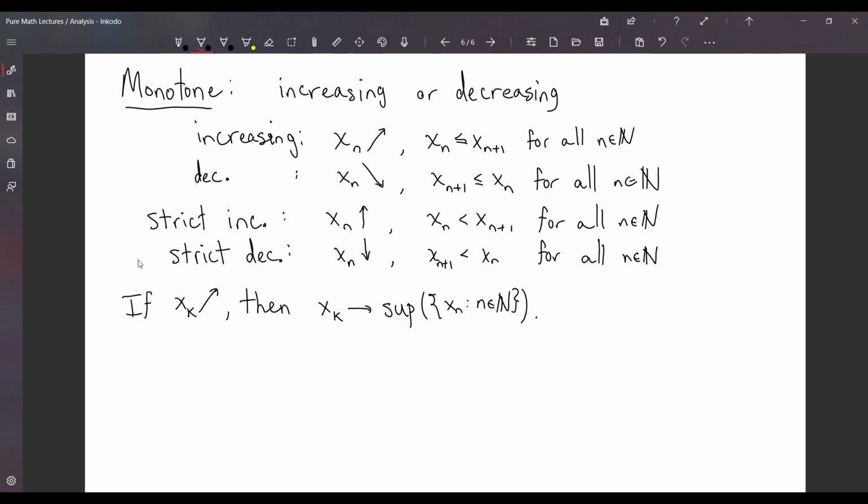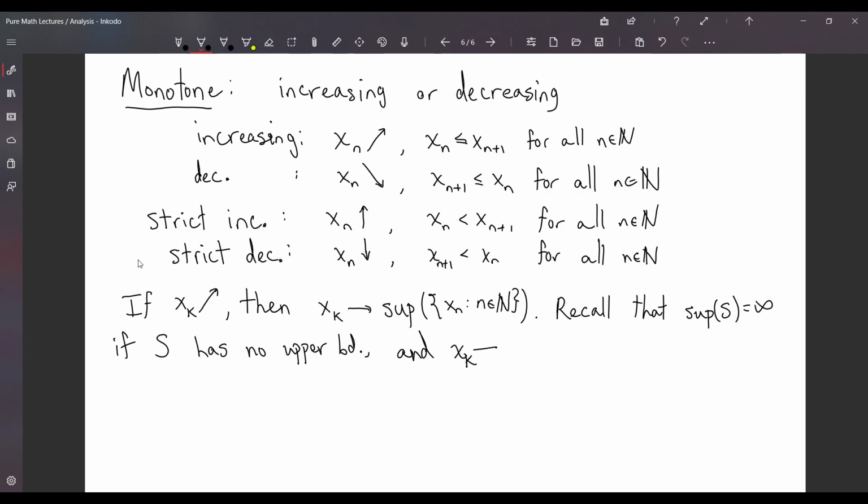Now recall that the supremum of S equals infinity if S has no upper bound, and x sub k goes to infinity is a special case of divergence.